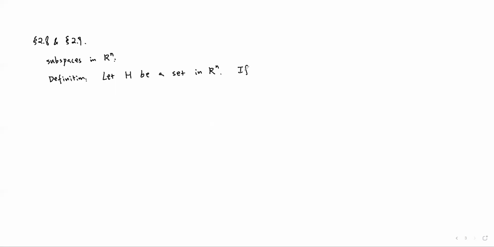If H satisfies the following three conditions, then we say that H is a subspace. The first one: the origin of Rn should be in H. H should contain the origin.